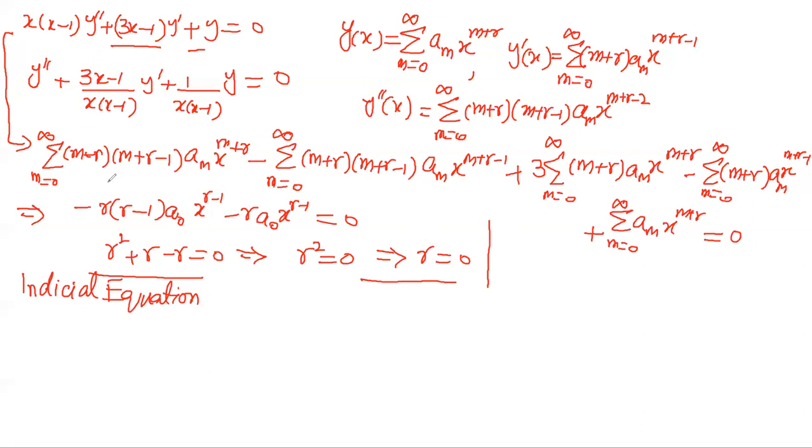The next step is that you have to do the manipulations and algebraic calculations to equate the terms on both sides. The end result will be that some of the terms will have a_m and some will become a_(m plus 1).